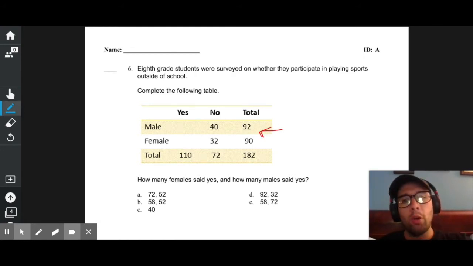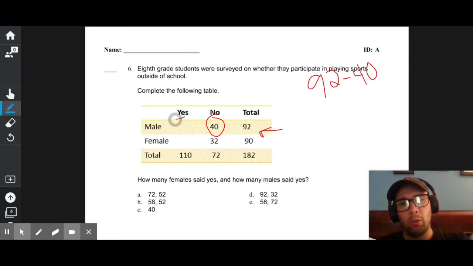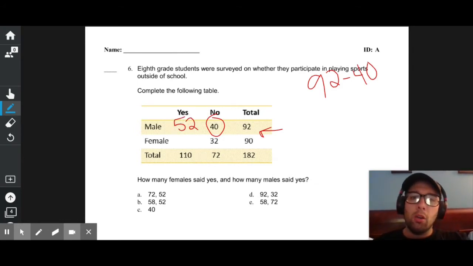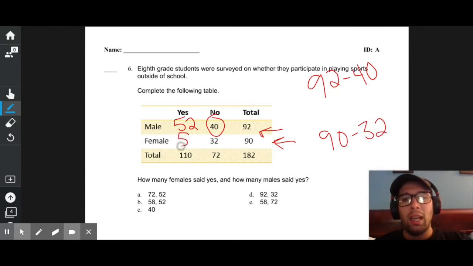So if 40 of them said no, then 92 minus 40 is 52. 90 girls were interviewed, females. And if 32 of them said no, that leaves 58 females who said yes.